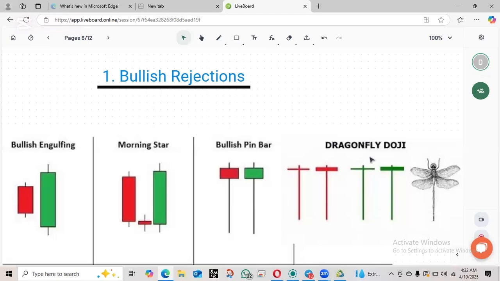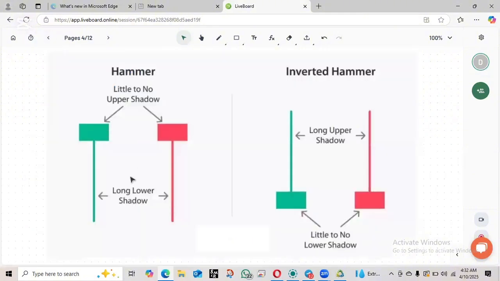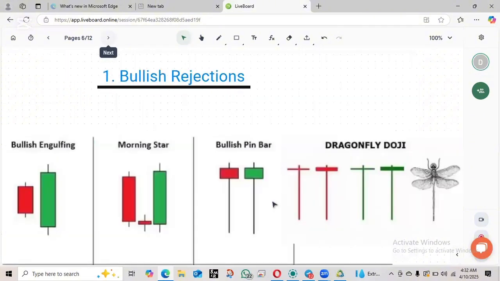All of them are grouped under the pin bar, under the bullish pin bars, including the hammer candle. Look at the hammer candle here, guys. These hammer candles, not this one. This one is the inverted hammer candle, but we're talking about the hammer candle itself. They are grouped under the bullish pin bars.